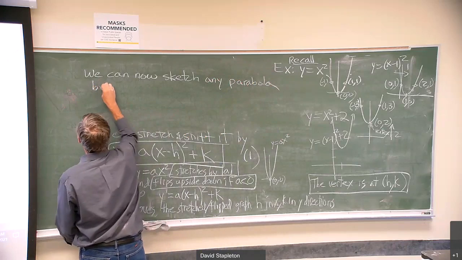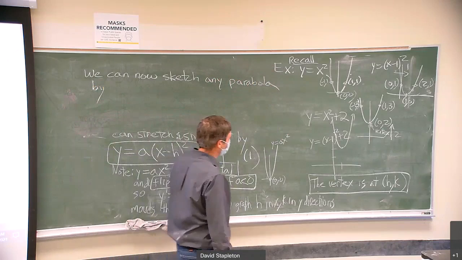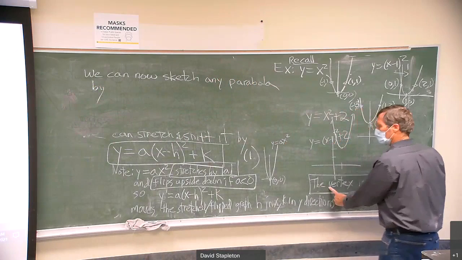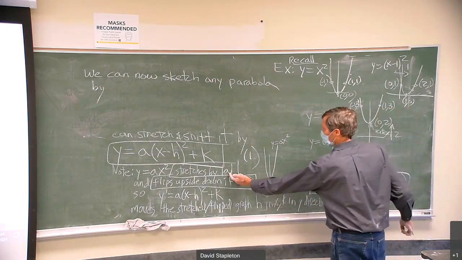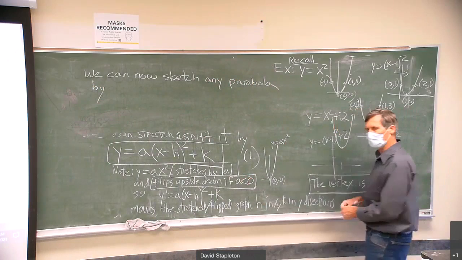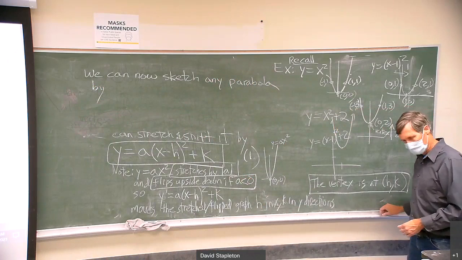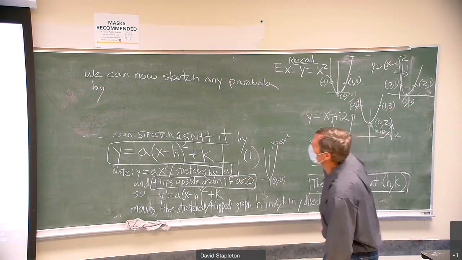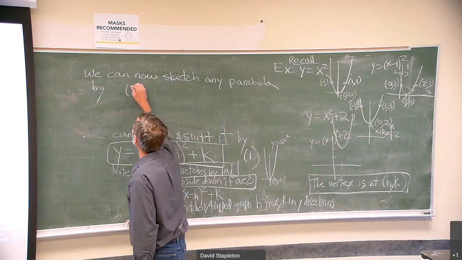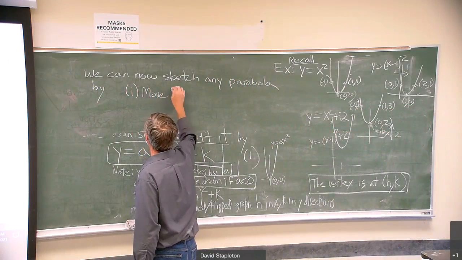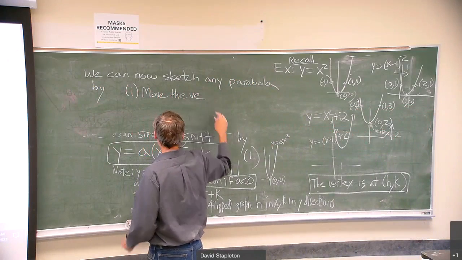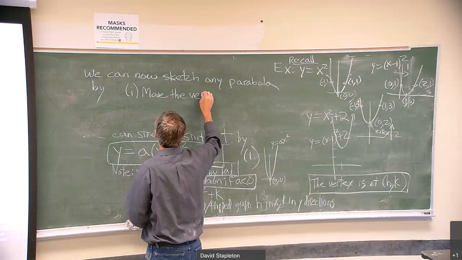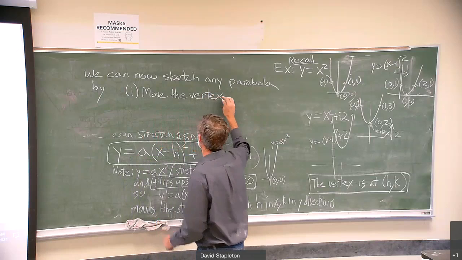How do we do it? By moving the vertex to (h, k), stretching it by the absolute value of a, and turning it upside down if a is negative. That's all we do. Move the vertex. These are just our stretching and shifting techniques we did before, applied to a parabola.